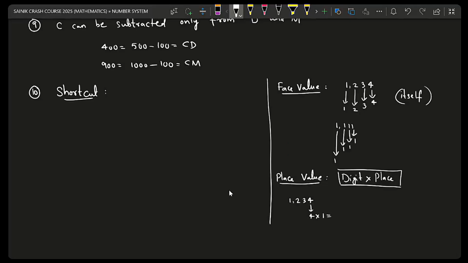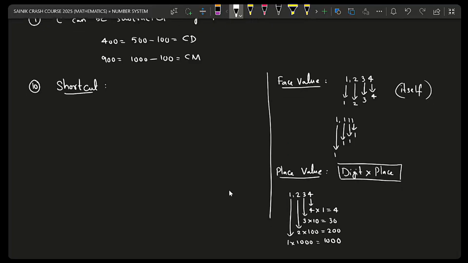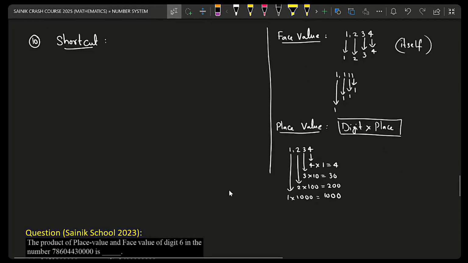Ones place. 4 into 1 is 4. This 3 is in tens place, so 3 tens are 30. This 2 is in hundreds place. 2 into 100 is 200. This 1 is in thousands place. 1 into 1000 is 1000. So clearly place value depends on the place, and its name also suggests the same thing.